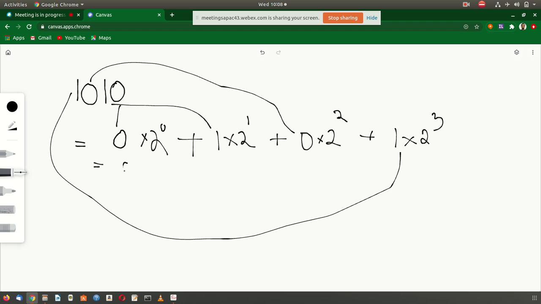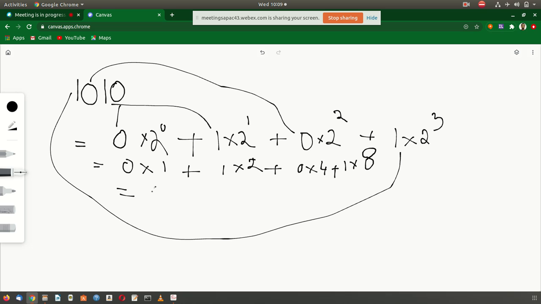This will become 0 into 2 to the power 0, which is 1, plus 1 into 2 to the power 1, which is 2, plus 0 into 2 to the power 2, which is 4, plus 1 into 2 to the power 3, which is 8.